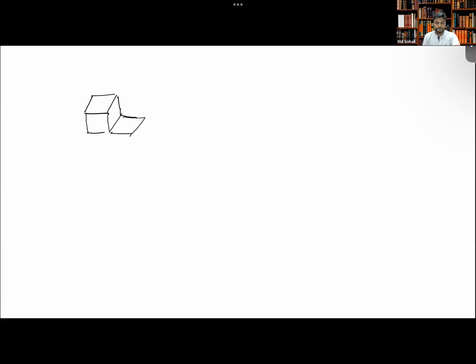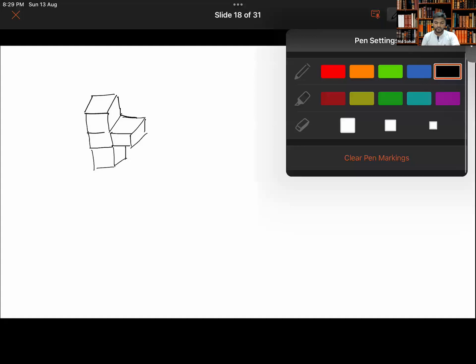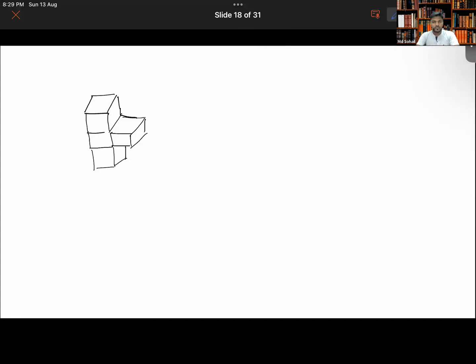What was the question again? The next question which Arhan was reading: for each of the given solid, the three views are given. Identify for each solid the corresponding top, front, and side views.